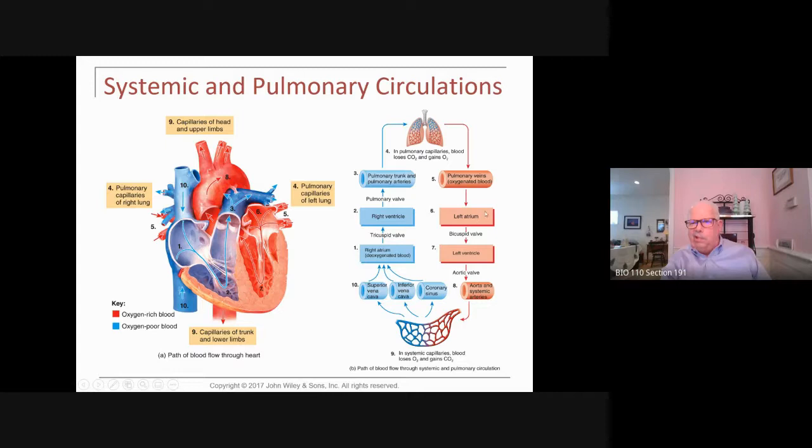The left atrium, through the bicuspid or mitral AV valve, puts oxygenated blood into the left ventricle. The left ventricle pumps the blood through the aortic valve, outflow valve, into the aorta and systemic arteries and the tissues get oxygen and it starts all over again.